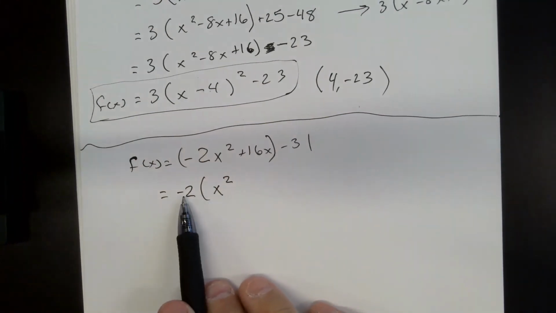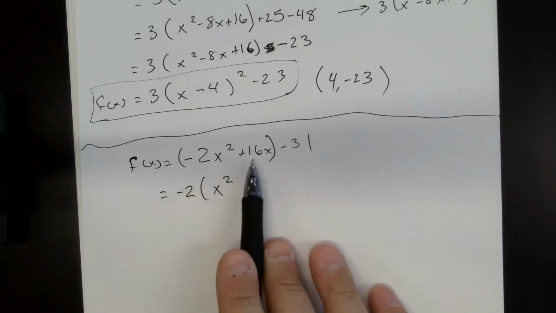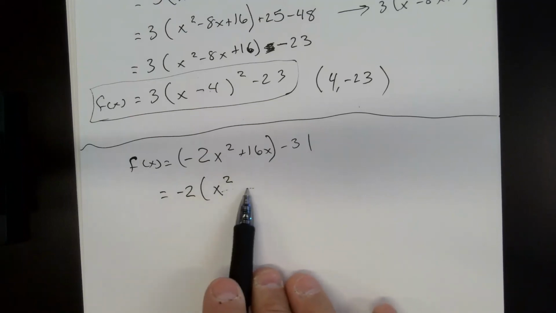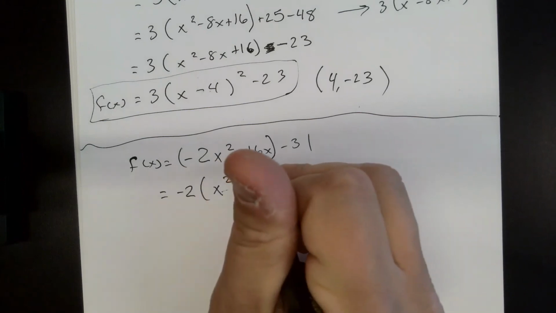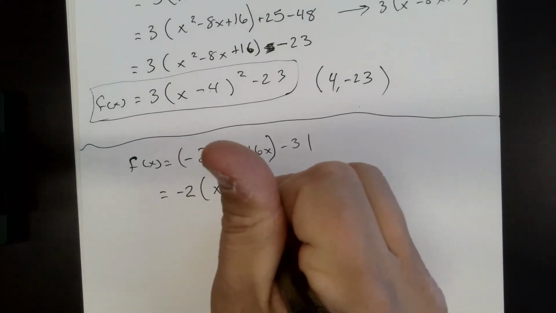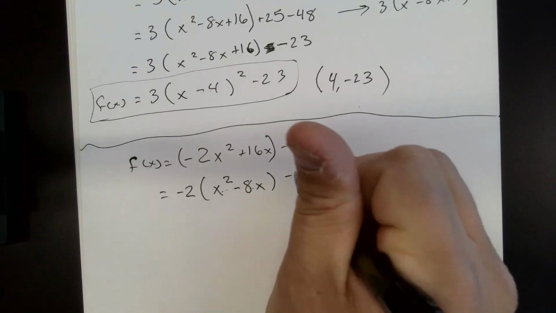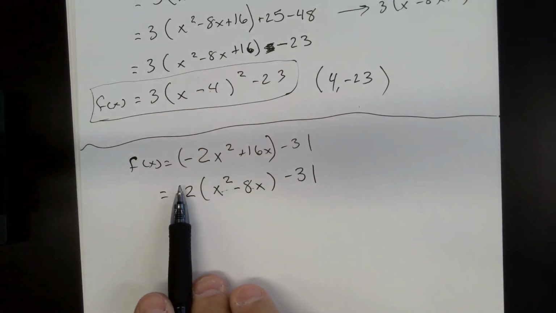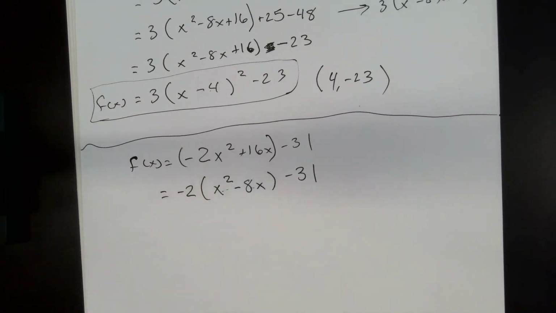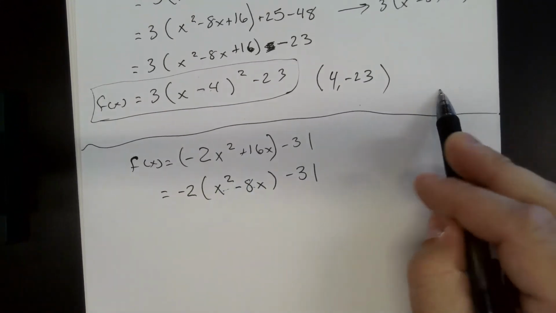Now this is going to be kind of tricky. What's going to be left over right here? How many times does -2 go into 6? Yeah, it's -8x minus 31. Good, because you factor out a negative, it has to change that other sign.